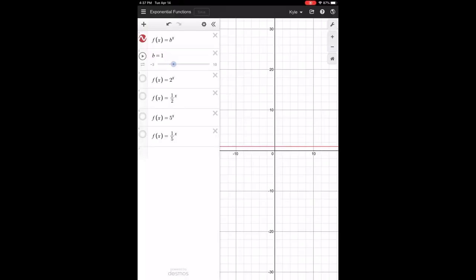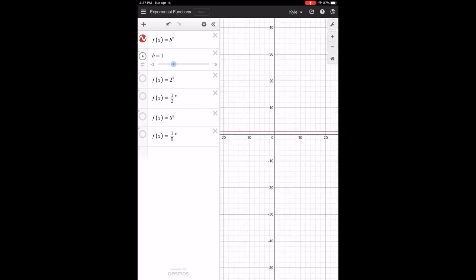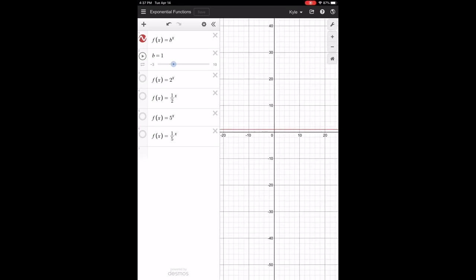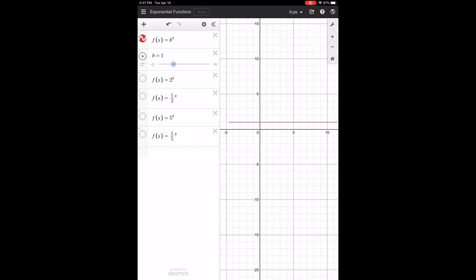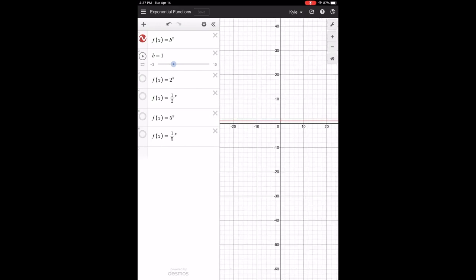All right. Here is our graph. You'll see we have the coordinate plane and we have this red line representing our function. You'll notice that I've graphed this function here marked in red. That's f of x equals b to the x power. Now what Desmos did was I put what's called a slider here, a slider on the b value.